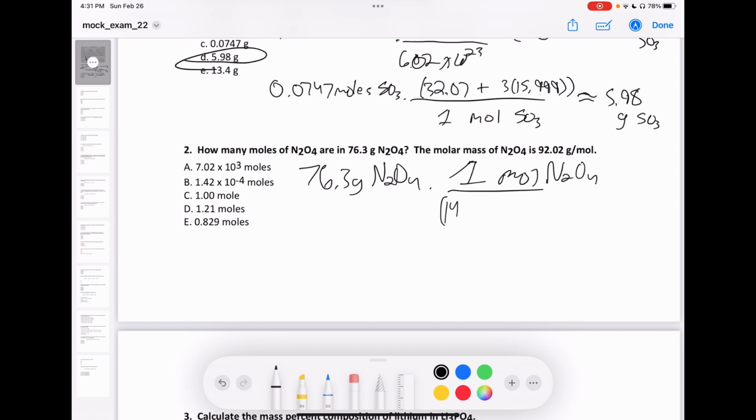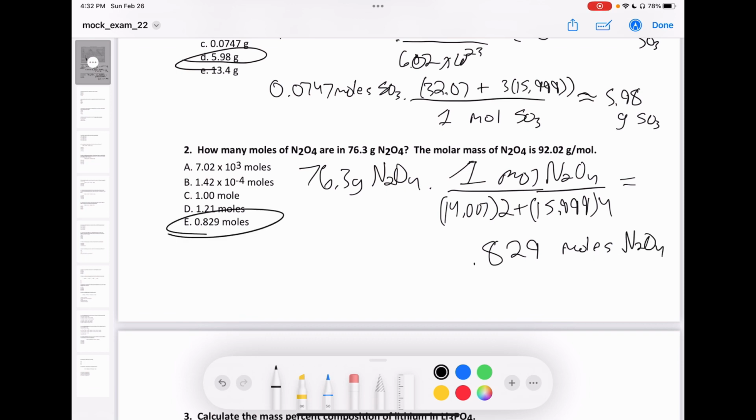So this is going to be 14.007 times 2 plus 15.999 times 4. And that's going to be equal to, I gotta do the calculation. 76.3 divided by that, and that is going to give us 0.829 moles of N2O4, and that's that one right there.